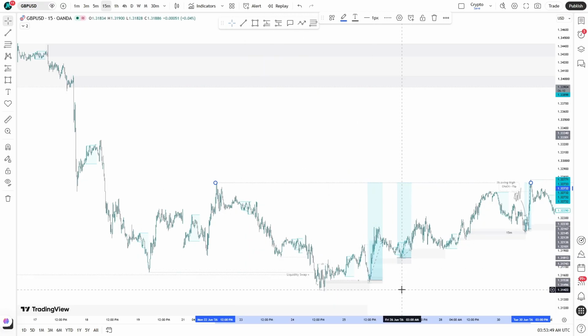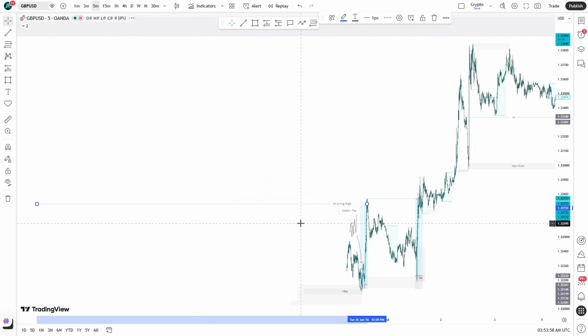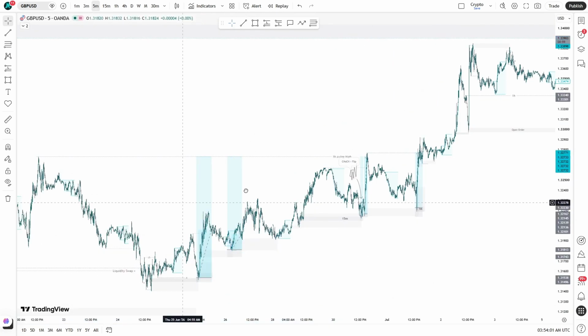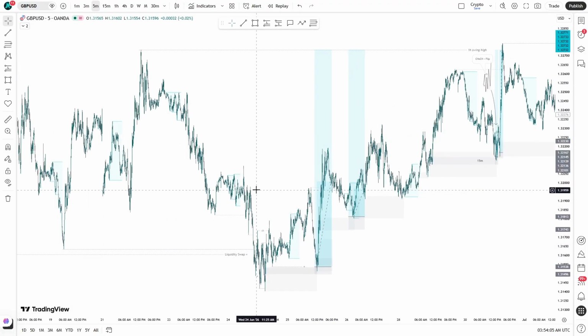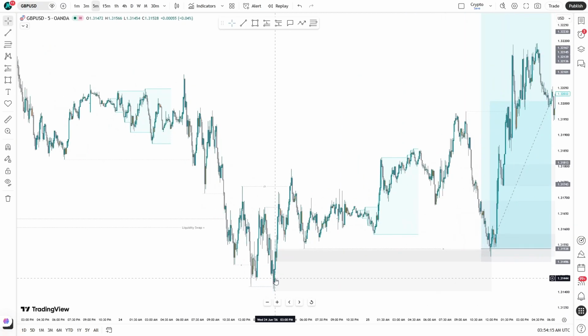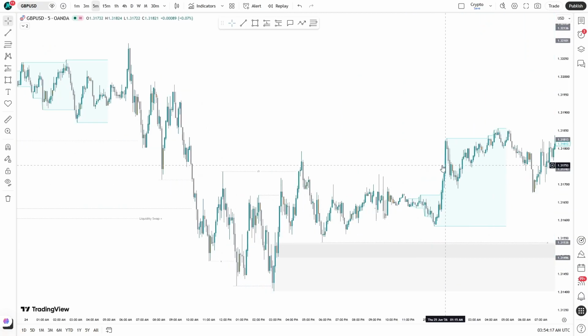So I'll go to a lower time frame to show what happened. Now this is what the 5 minutes looks like. I will zoom into the chart to show you. So this is it.